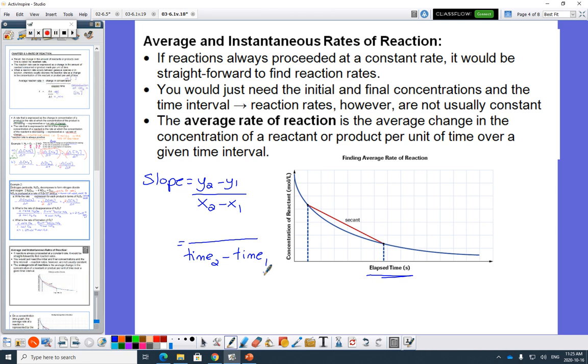And always, always, always on the y will be concentration. I'm going to use the square brackets. I'm going to use the short form, okay? Because I don't want to squish. So the change in concentration over the change in time is reaction rate.